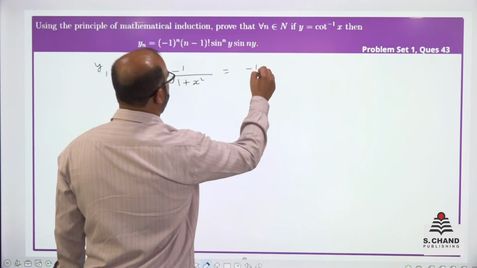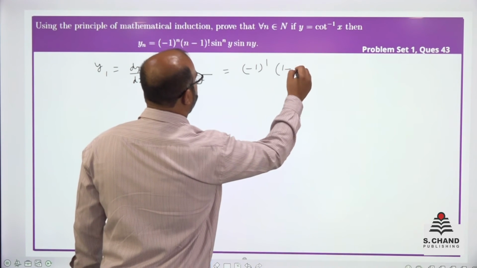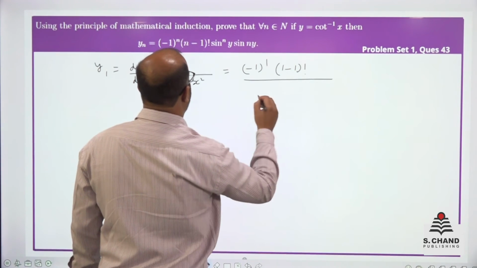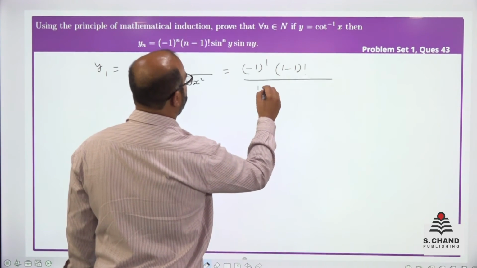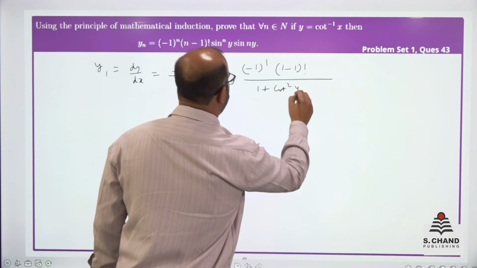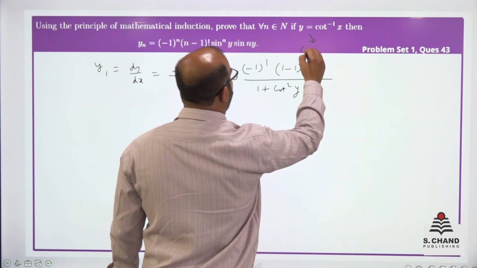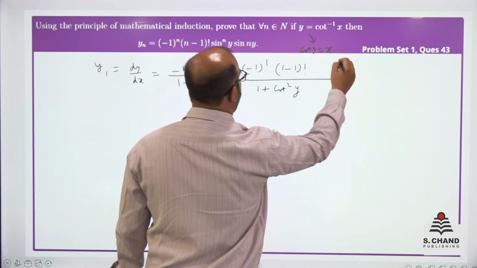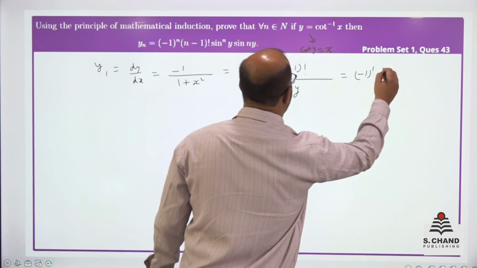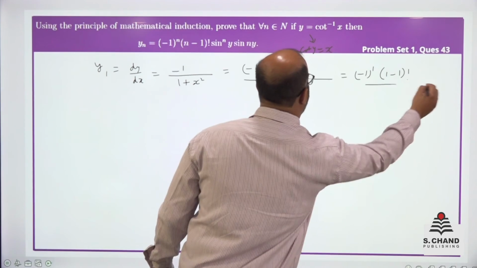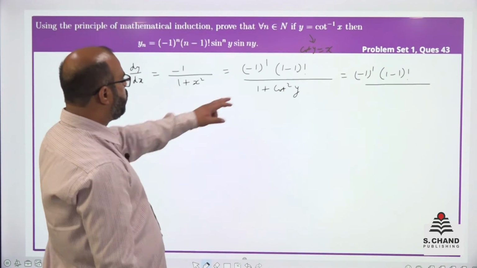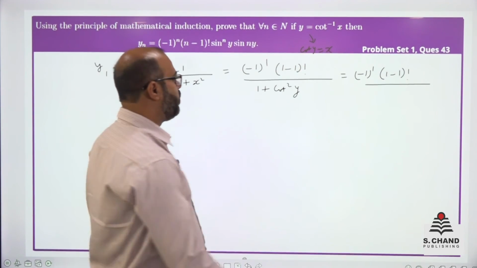This is (−1)^1 (1−1)! upon 1 plus x square, which is 1 plus cot square y, because from here cot y is equal to x. Now cot square y plus 1 is cosec square y.